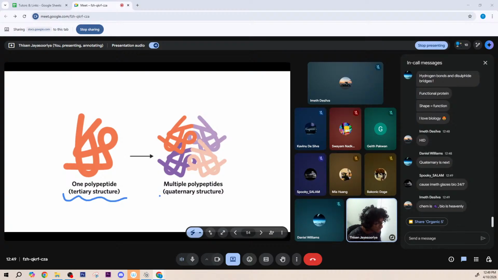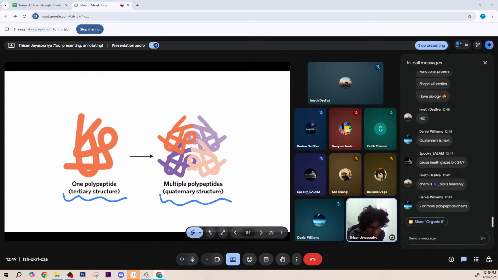Our quaternary structure is made up of the exact same things as our tertiary structure. It's just between actual polypeptides, not inside the polypeptide itself. And this is what causes the bonding, yeah? This is what causes the folding, if you guys do bio. It's because of those bondings in between the molecules.